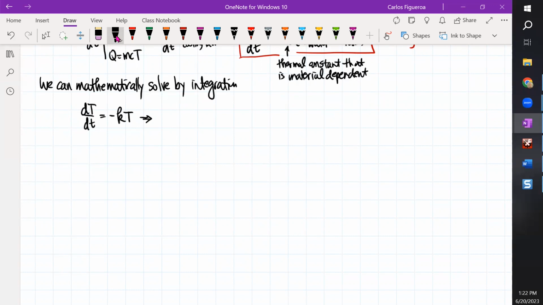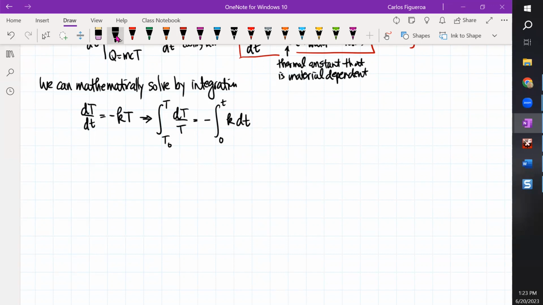I'm going to take the temperature into the denominator on the left side and the time onto the right, and I'm going to integrate from some initial temperature T naught to some temperature T of dT over T, and that equals minus, starting my clock at 0 and going to some time t, of k dt.